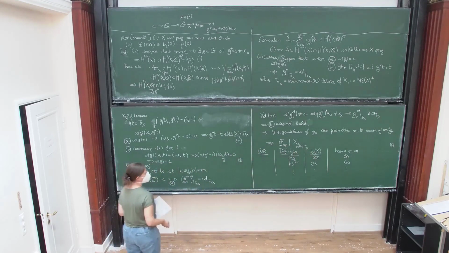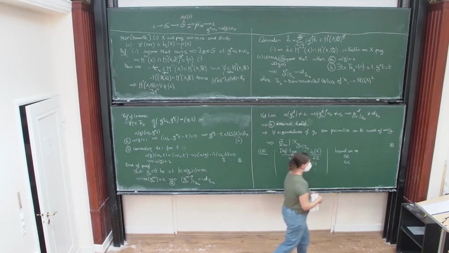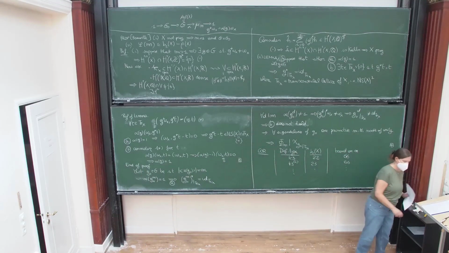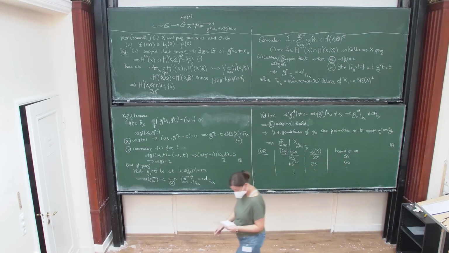While I erase, I'll mention that one possible direction of research is investigating maximal group actions. You can try to maximize m, and of course you have the symplectic part which can grow big.